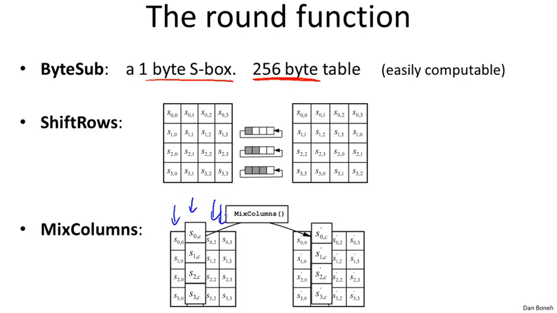Now I should point out that shift rows and mix columns are very easy to implement in code, and the byte substitution itself is also easily computable, so you can write code that takes less than 256 bytes, and you can shrink the description of AES by storing code that computes the table rather than hardwiring the table into your implementation.